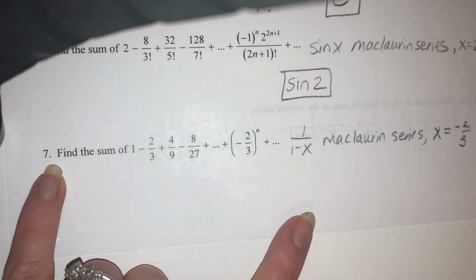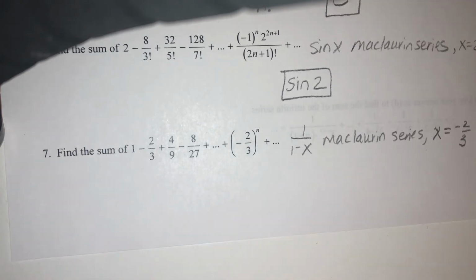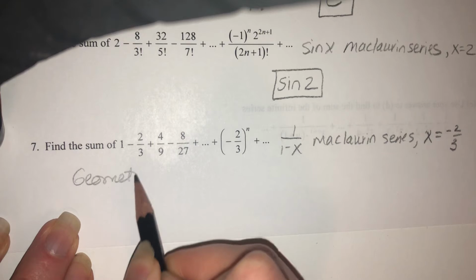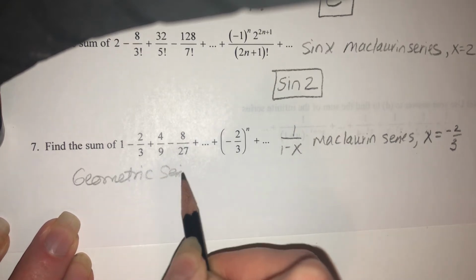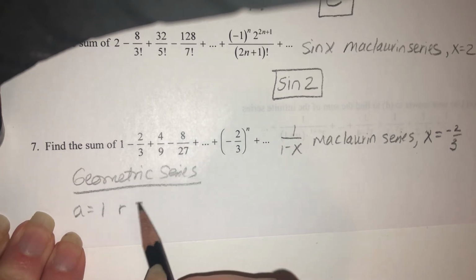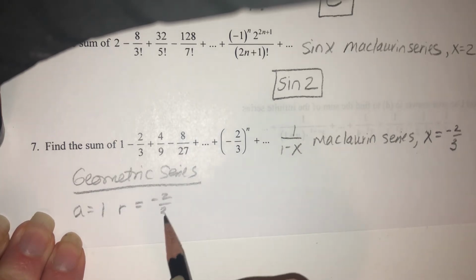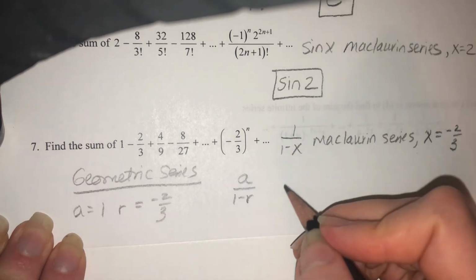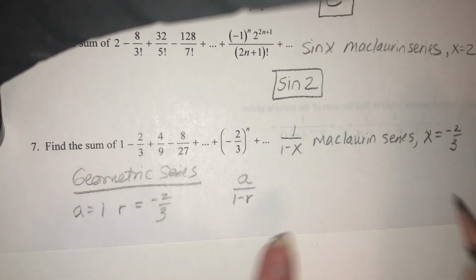You can also think of this as a geometric series where the a value is equal to 1 and the r value is equal to negative 2/3, and use your formula a over 1 minus r to come up with the sum of the series.